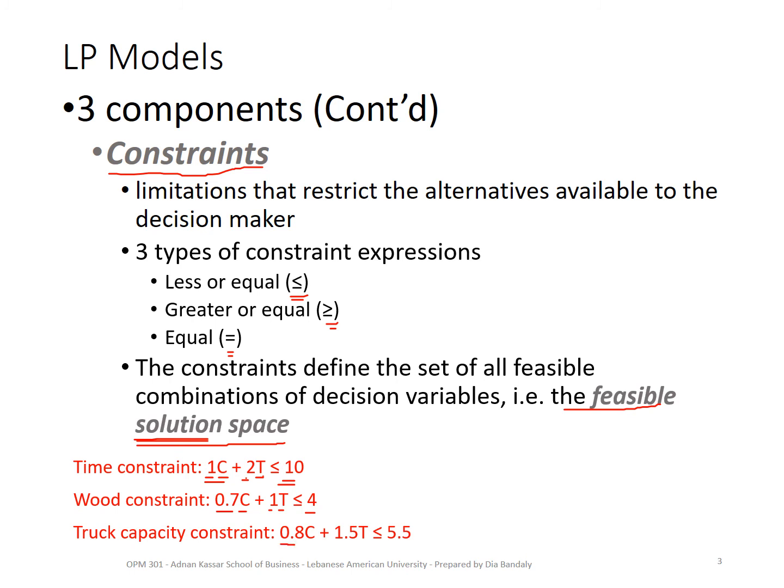Also, I multiply 0.8 meter cube per chair times C, plus 1.5 meter cube per table times T. The whole thing should not exceed 5.5 meter cube. And that's it. With the decision variables defined, with the objective function put into a mathematical expression, and now the 3 constraints in mathematical expression, you have the LP model ready for the carpenter problem.